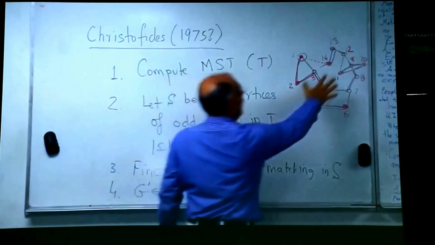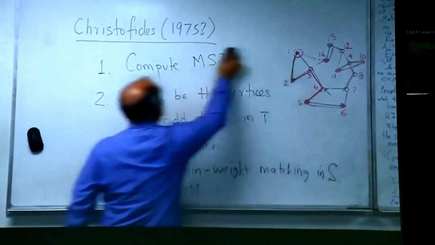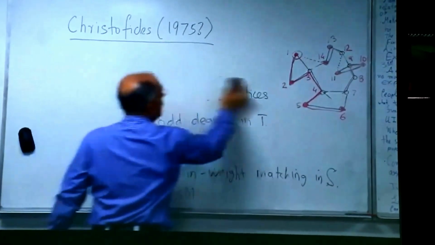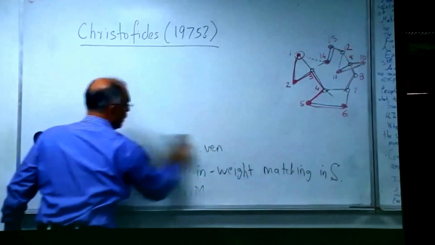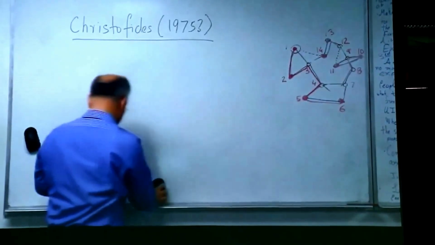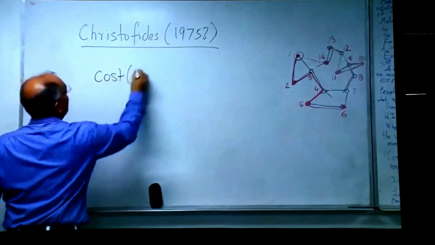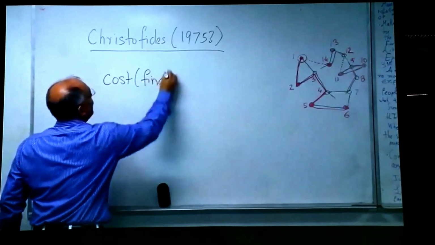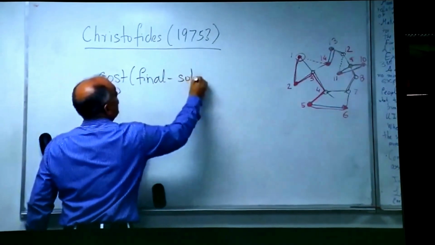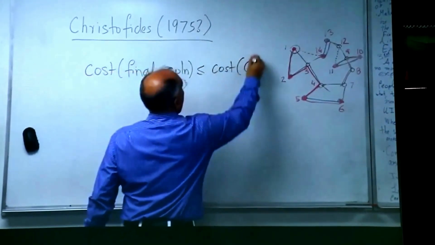So now that we have this final solution, what we can indeed claim, let me erase this, what we can indeed claim is that the cost of the final tour is no more than the cost of the Eulerian tour. So what we have now is that the cost of our final solution, again assuming triangle inequality, is no more than the cost of the entire graph G prime.